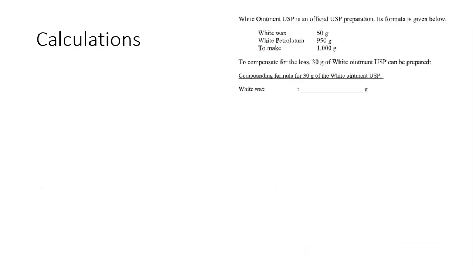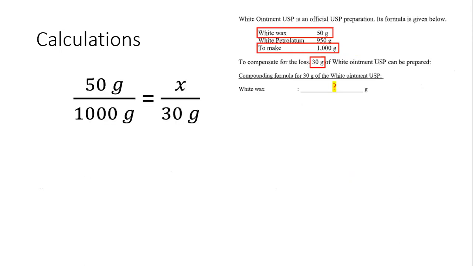So for our white ointment USP, the first calculation we'll be doing is for the white wax. Remember, the formula calls for 50 grams to make the total of 1,000 grams. However, we need to calculate what we will need for our total that we will be compounding of 30 grams. Just like before, this can be done by setting up a simple proportion where 50 grams over 1,000 grams, our formula ratio, can be set equal to X over 30 grams, our desired compounding ratio.